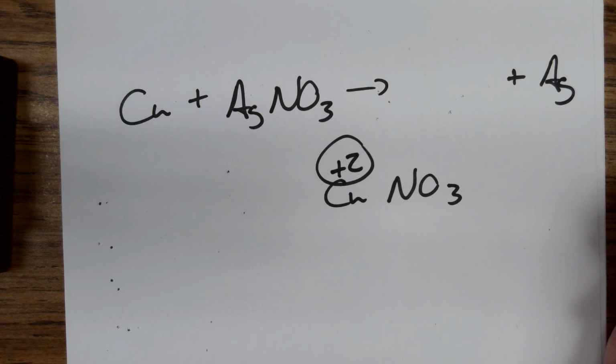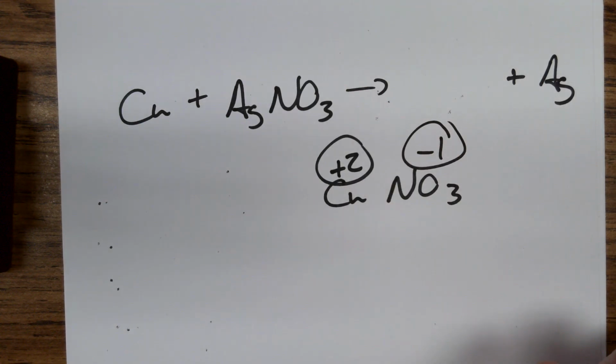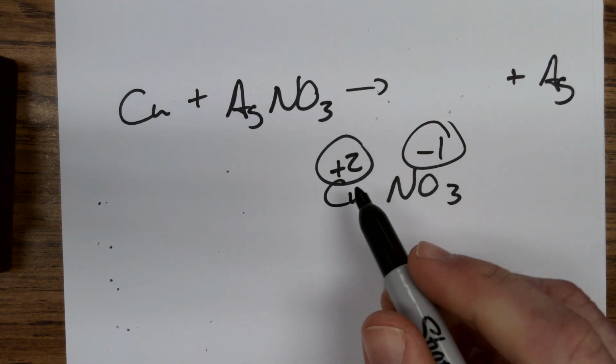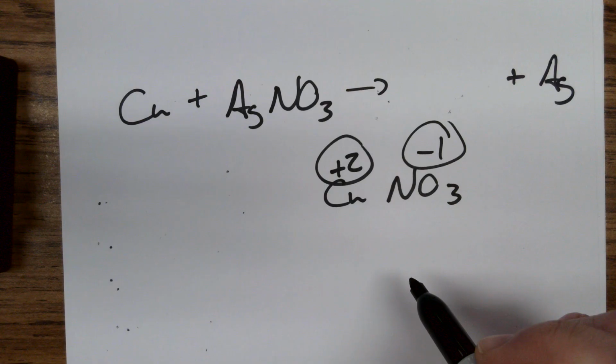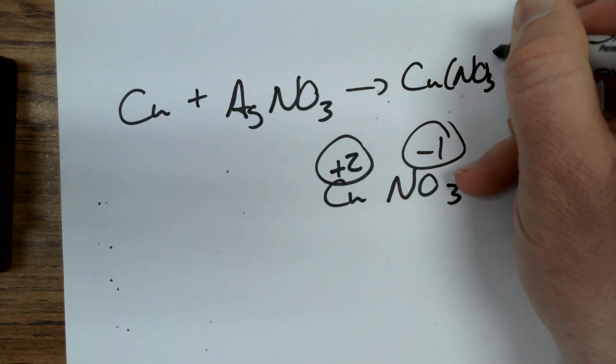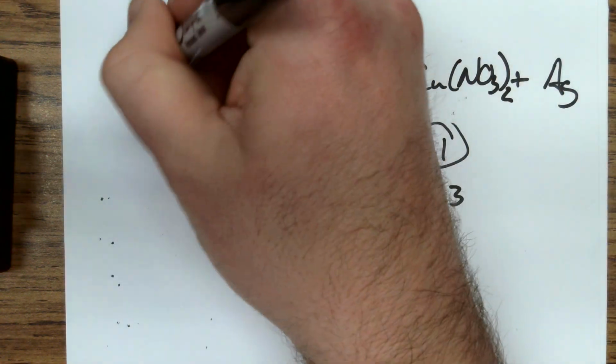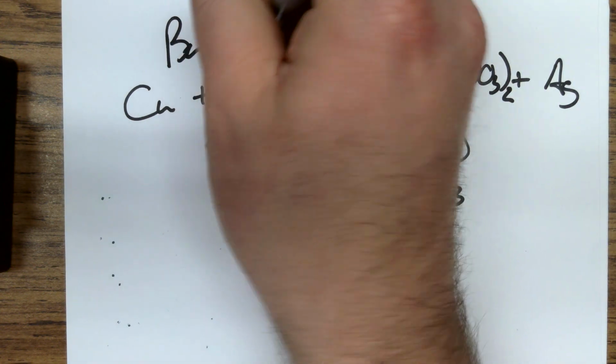So I have a -1, a -2, or a -3 charge. -1. Do my charges cancel each other out? No. What do I need? Do I need more copper or need more nitrate? Need more nitrate. Cu(NO3)2. So that's my skeleton. Now you'd have to balance that.